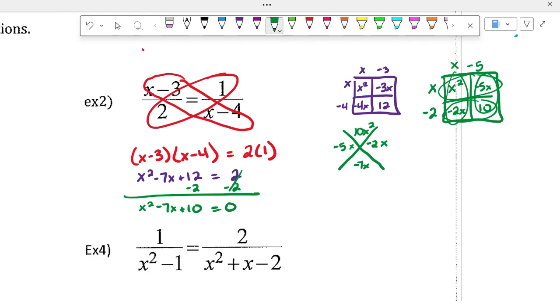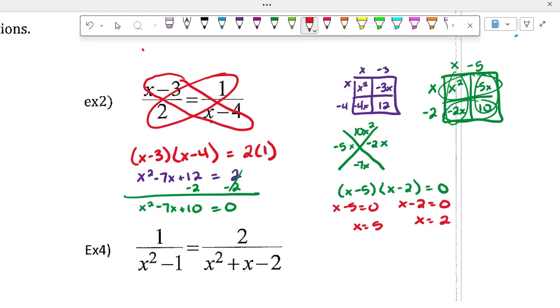Negative 5. So your factors are x minus 5, x minus 2 equal to 0. So then finally we set both equal to 0 to solve. So x is equal to 5, x is equal to 2.